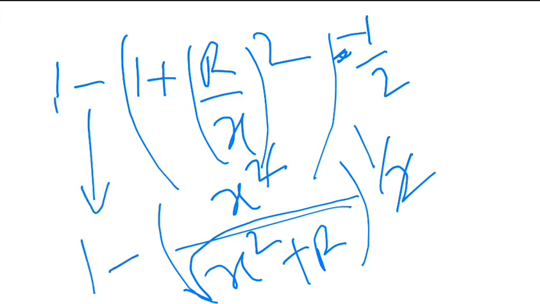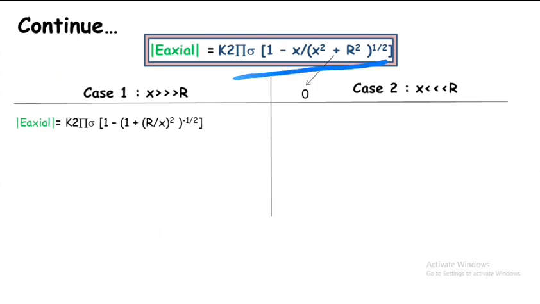So this will become 1 minus x divided by x square plus r square. The same thing I have written in a different way so that I can apply binomial expansion here.